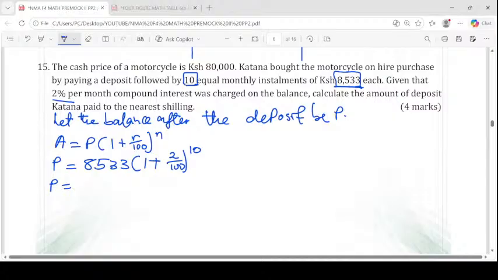Maybe what I think the best we can do, we've said amount is equal to this. So, no, I think there is a gap. The cash price of a motorcycle is 80,000. Let me just restart it because I'm seeing there is something.